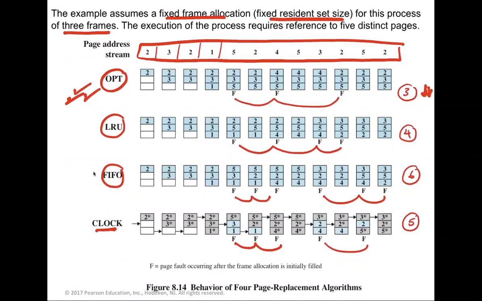The question is, how could we define the moment at which a page fault would occur? And what are the main definitions and steps in each of those replacement strategies? Let's discuss each one of those strategies separately.